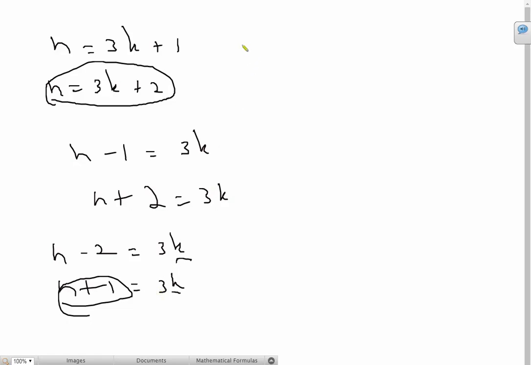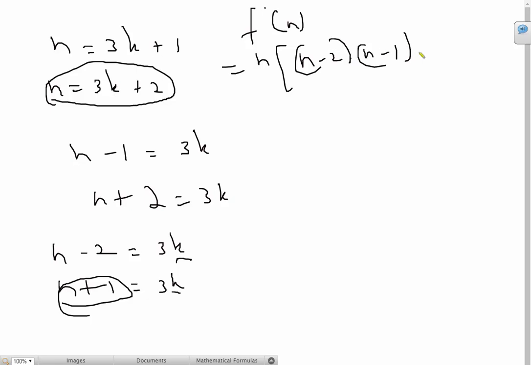So we've proven that amongst those 5 integers, let me write that down again, f of n equals n times n minus 2, n minus 1 times n plus 1, and finally n plus 2. Amongst these 5 integers, we showed that somewhere there's a multiple of 8, there's a multiple of 5, and now we've finally shown that no matter how you choose your n, either this guy and this guy will both be a multiple of 3, or this guy and this guy will be a multiple of 3, or these two will be multiples of 3.